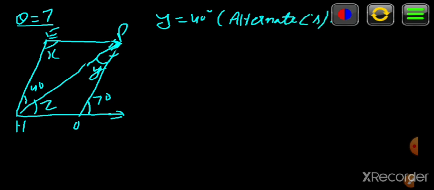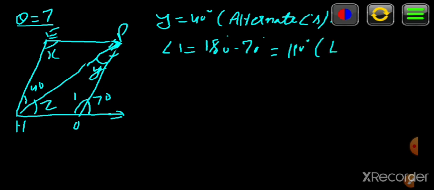Now suppose this angle is angle 1. Now angle 1 comes out to be 180 minus 70 degree, that is 110 degree. Which property? Linear pair, straight line. But angle x is equals to angle 1, opposite angles of a parallelogram.